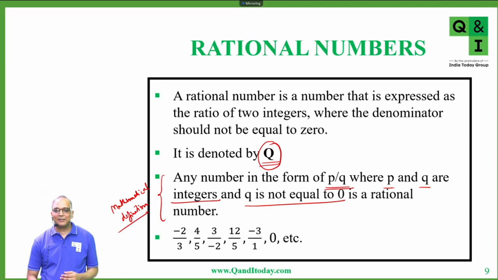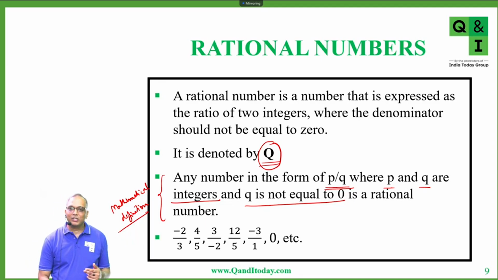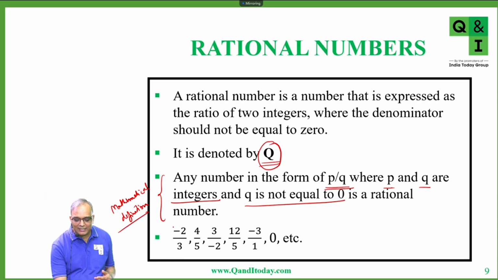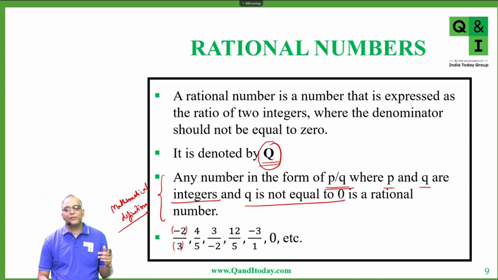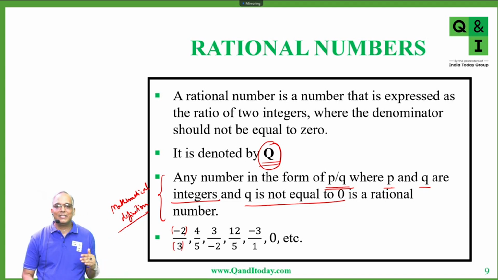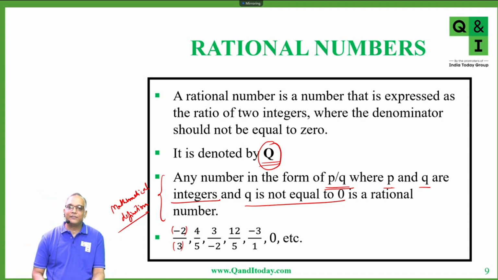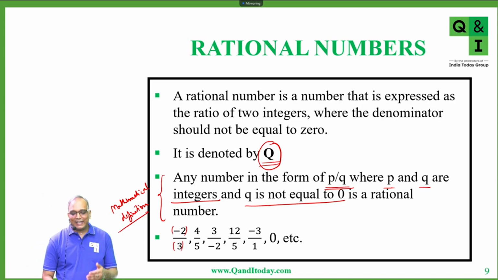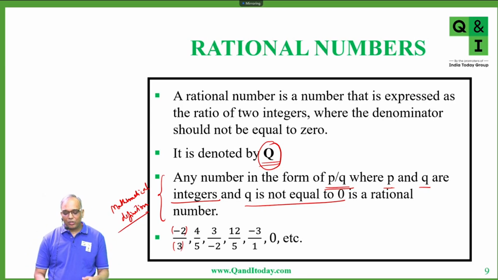Examples of rational numbers can be -2/3. You can see here the numerator is negative and the denominator is positive. When I say that it is a ratio of integers, they can be positive as well as negative. That's what you are seeing in the first example, -2/3, and then 4/5, 3/-2, 12/5, -3/1, and 0.